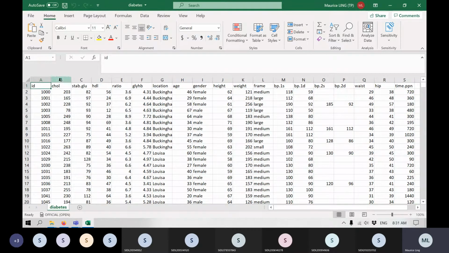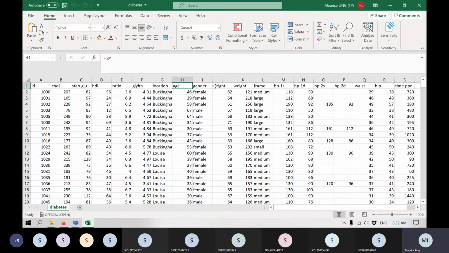ID is the ID of the patients, cholesterol is the cholesterol level, then stable glucose level, and HDL is the high density lipoprotein ratio. I can't remember, so you have to go and look it up. Glycosylated hemoglobin is basically the measure of diabetes. When glycosylated hemoglobin goes above 7, this is when a person is diabetic. Location is where the person lives. There are only 2 locations, Buckingham and Louisa.